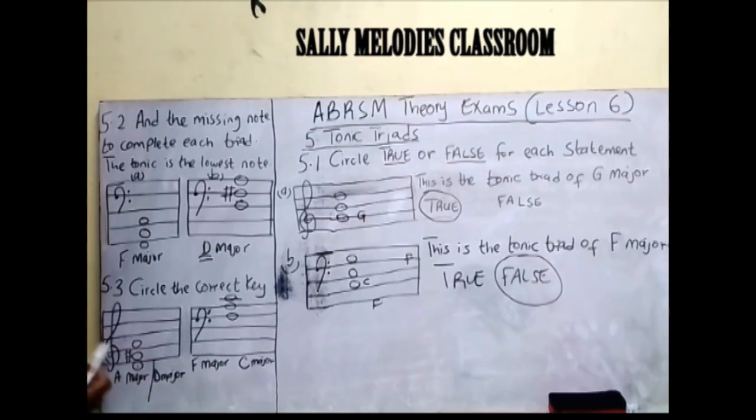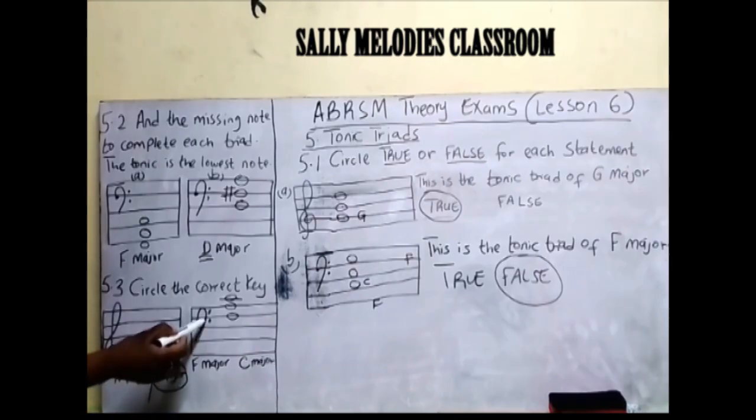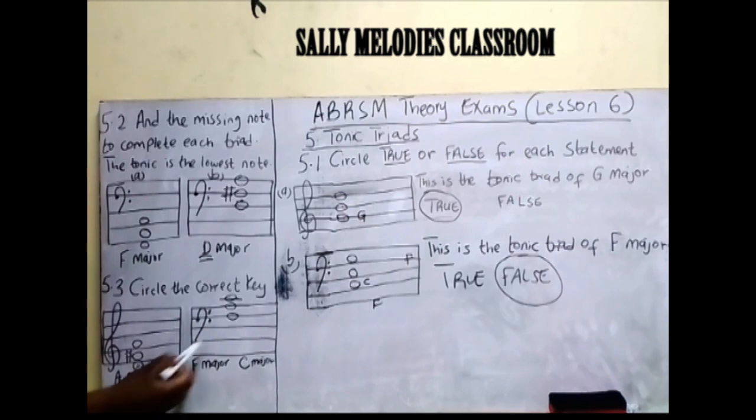This note is a D. Look at this clef. This note down here is a D. So your answer is D major. And then we go to the other one with a different clef. Your lower note there is an F. So your answer is F major.